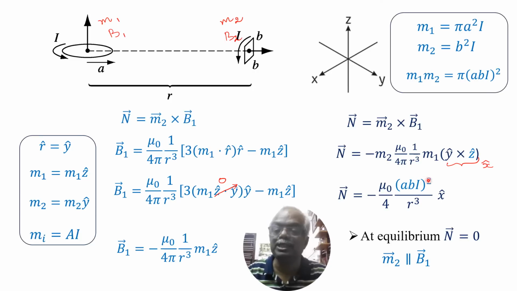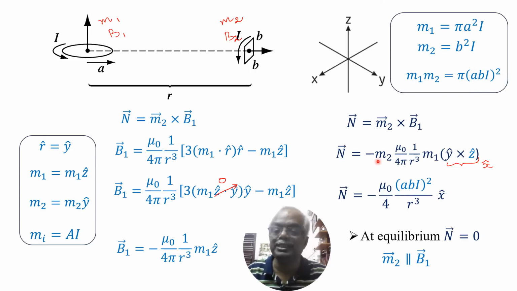Now we have to multiply m2 and m1. m1 by definition is area into current, that is pi a squared I. m2 is for the square loop, which is equal to b squared I. If you multiply m1 and m2, you will get pi a squared b squared I squared. So I am simply writing that as a b I whole squared.